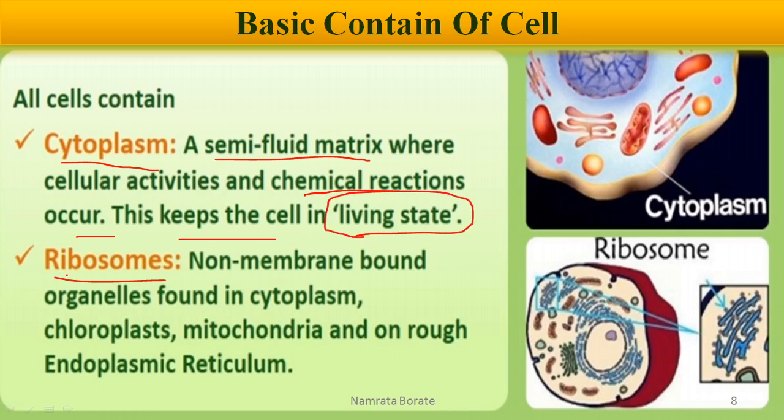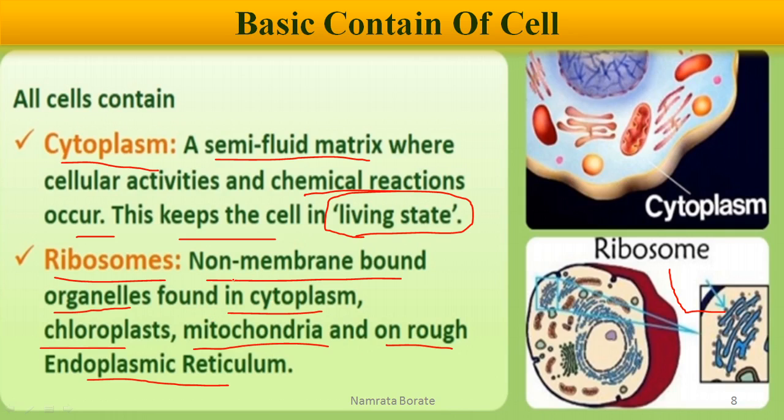Second thing is the presence of ribosomes. These ribosomes are non-membrane bound cell organelles found in cytoplasm, chloroplast, mitochondria and on rough endoplasmic reticulum. Means on the rough endoplasmic reticulum, on the outer side, there is the presence of the ribosomes.